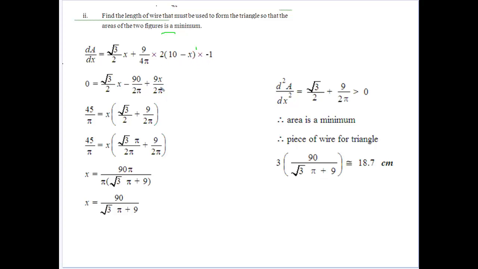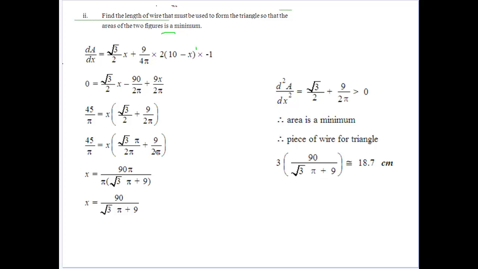Now we're manipulating to collect our x's. So the x's come out there, and we get the root 3 on 2, plus 9 on 2 pi. And the 90 and 2 cancel to give us 45 on pi, but we've taken it across to the other side, so it becomes positive. Then I've just manipulated to get a common denominator of 2 pi, so we get root 3 pi plus 9 over the 2 pi.